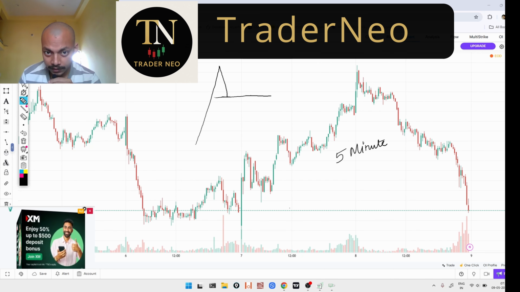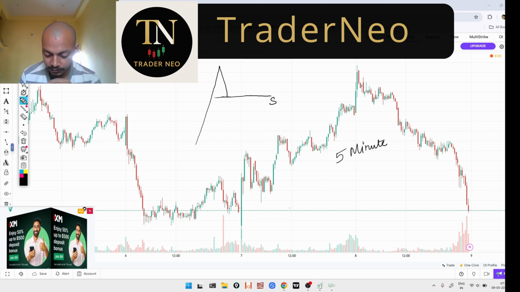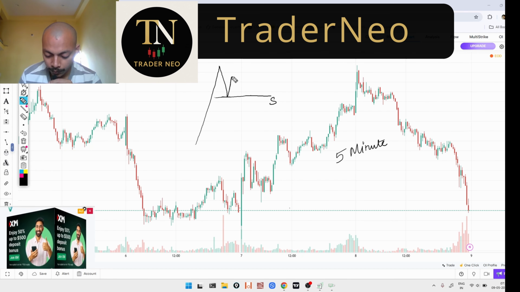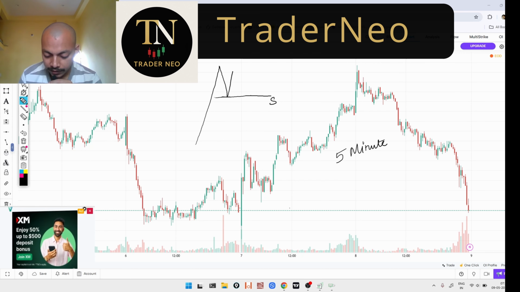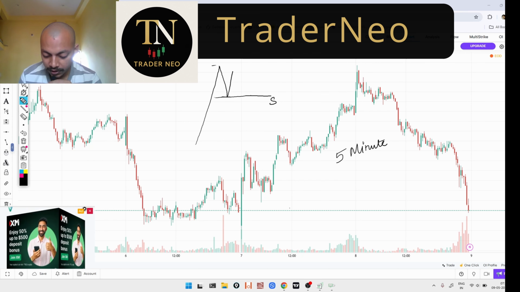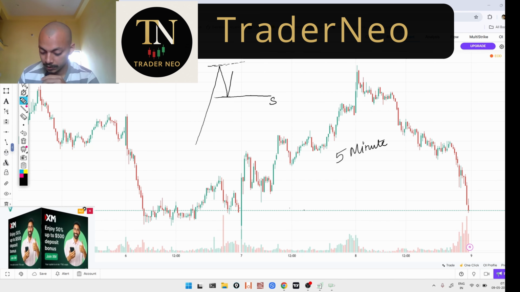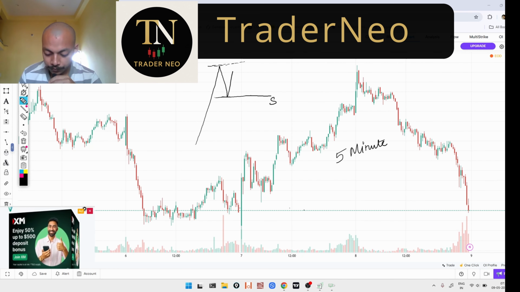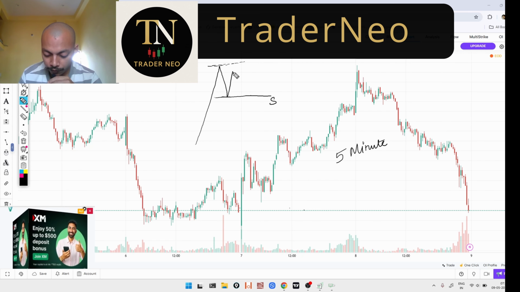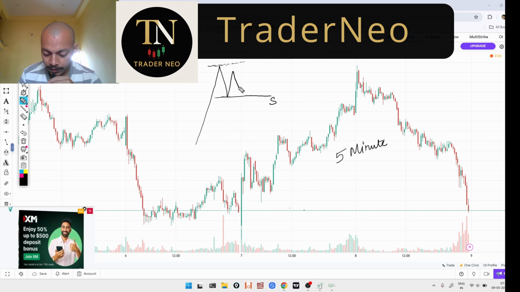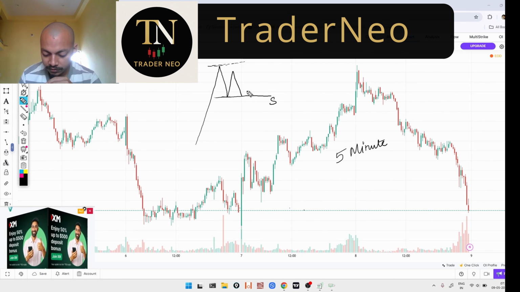This horizontal line is support. Let's mark it as support. From here price rebounds back. However, it does not reach the previous level and finds resistance below it and comes back down to this support.